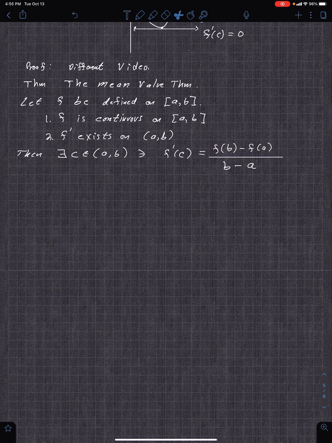Okay, so let's move that down. All right, so that slope of secant line.